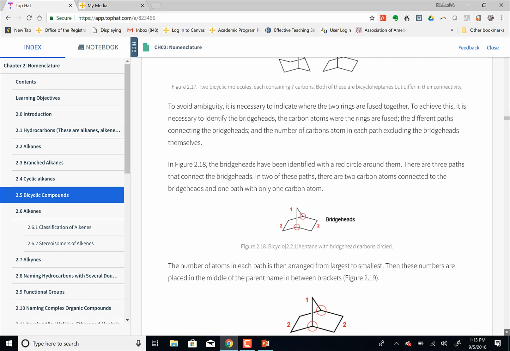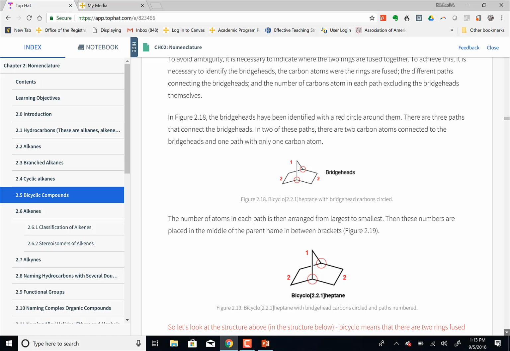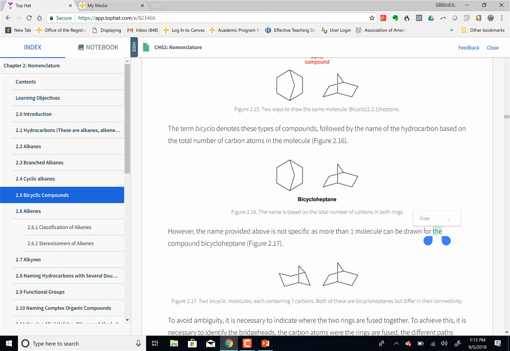And then there are others. This structure right here would have 1, 2, 3, 4, 5, 6, 7 carbons in it. Again, but the positions are different.